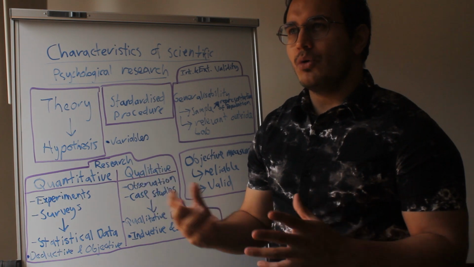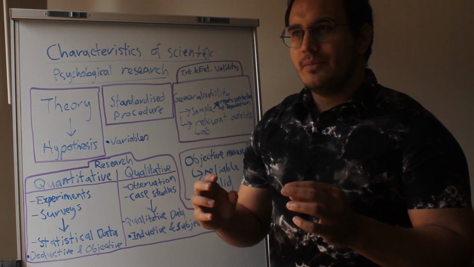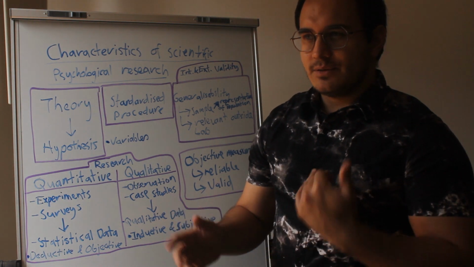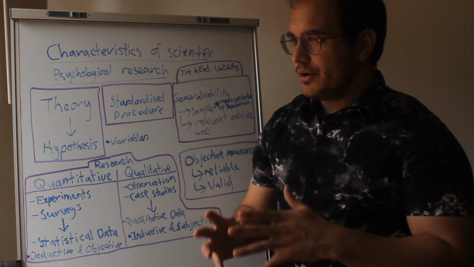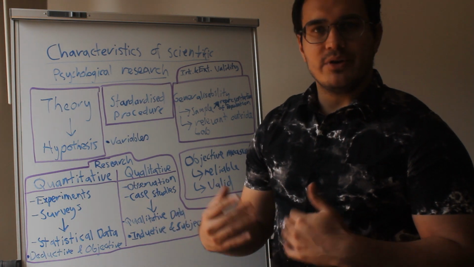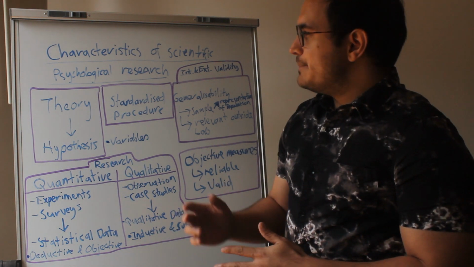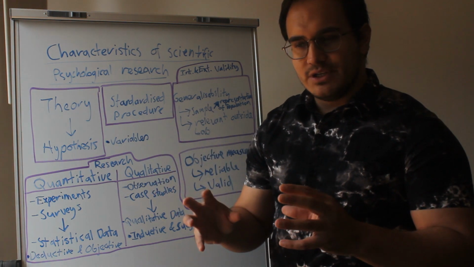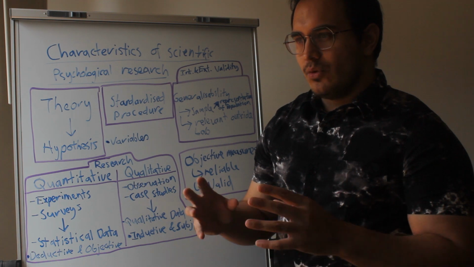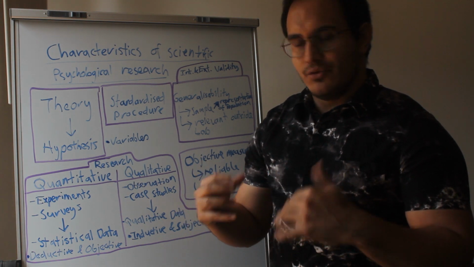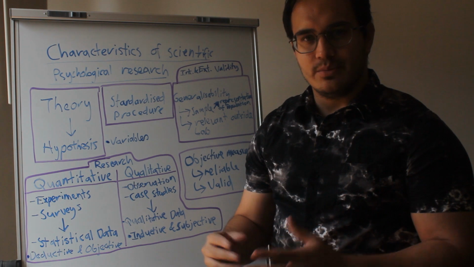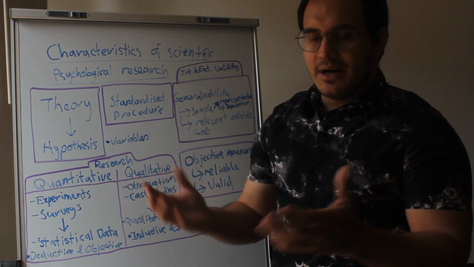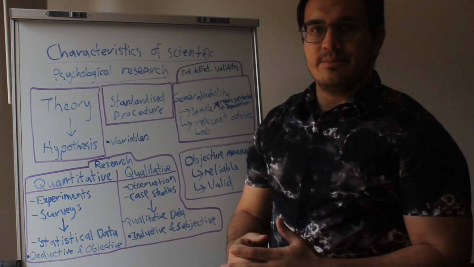Even though this might sound like more of a boring topic compared to the other topics, like next week I'm going to do learning, and later on we're going to do memory and so forth, I think it's important to understand the basics of the terminology for understanding research methods in psychology, because we need to be able to analyze the data that we see, and analyze different studies that people share.